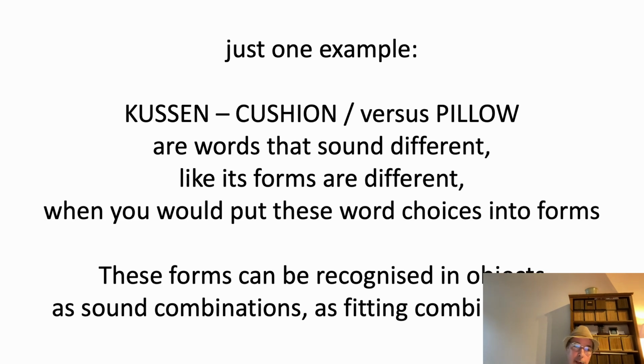I will only give one example. Cushion, the word cushion, kussen in Dutch, versus pillow. These are words that sound very different. Their forms are also different. If you put these word choices or letter combination choices into forms, these forms can be recognized as the objects as sound combinations, and they will fit.